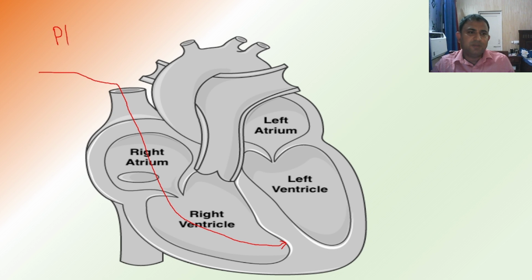Permanent pacemaker implantation, once again, can be a single lead or single chamber pacemaker, where you place the lead in the right ventricle and decide to pace it.